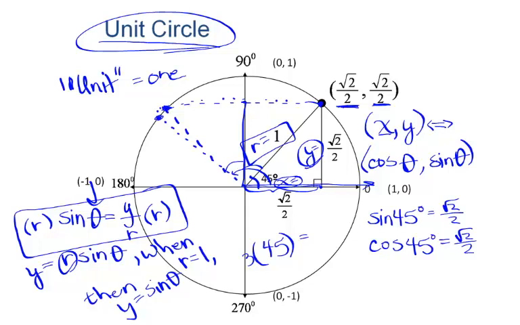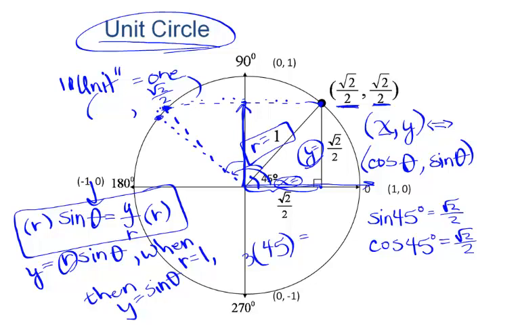So there's some things I know in the xy plane about the coordinates of this point. First of all, it's the same vertical distance from the origin. So I know that the y coordinate to that point, based on my knowledge in algebra, is root 2 over 2.